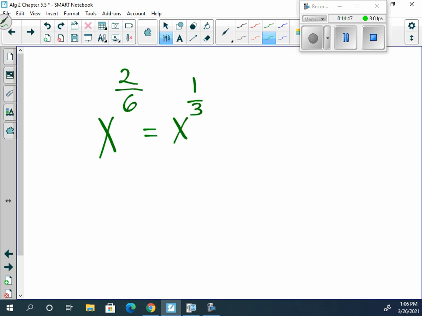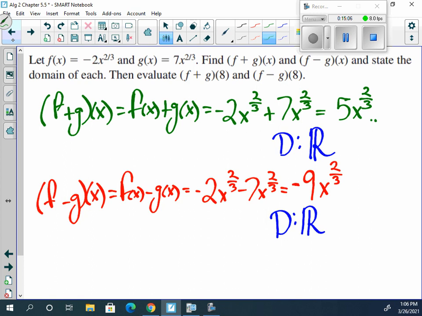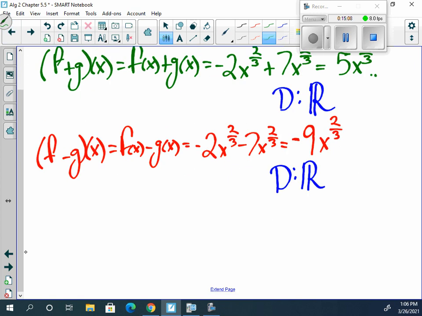So it works out to be an odd root, so it works there. Well, if we said x to the 2/4, well, that would reduce to 1/2. Well, that doesn't work, because it's an even root. So with even and even, they would reduce. But we're not going to get into that detail as much in this class.